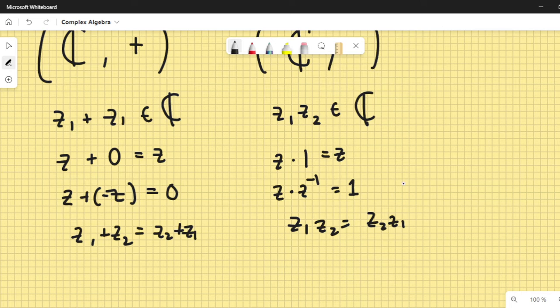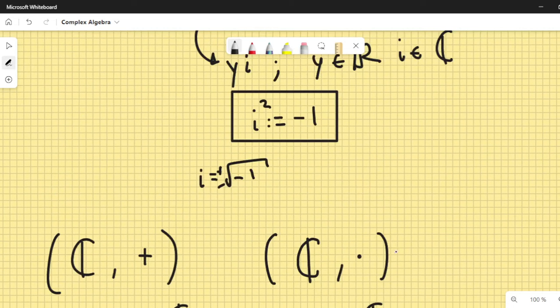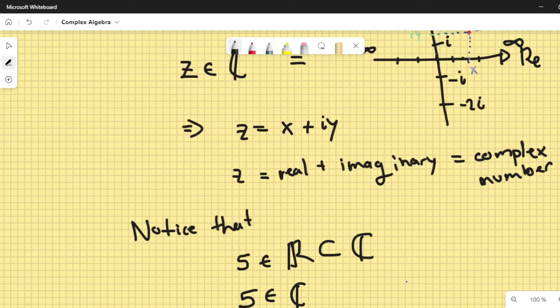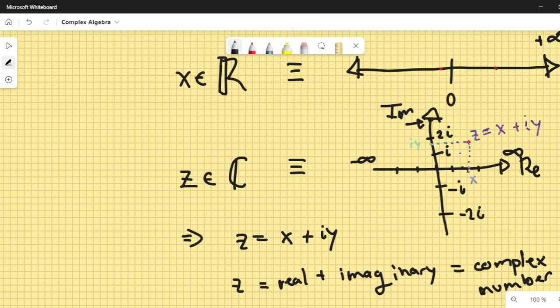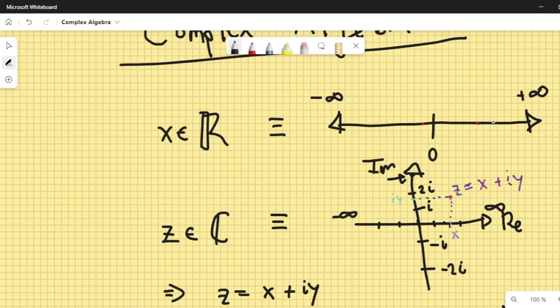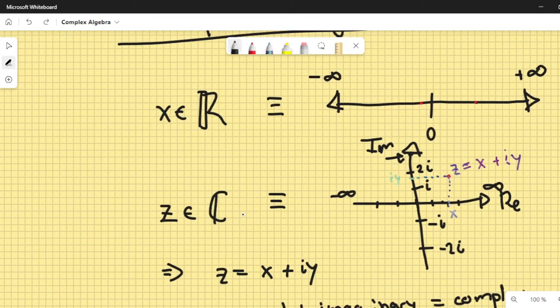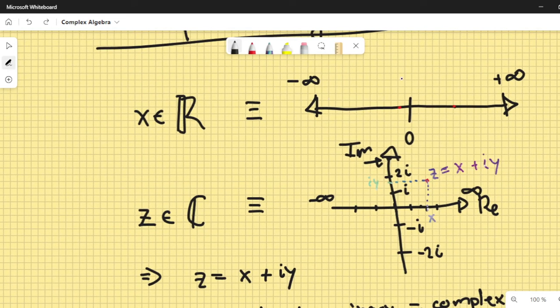The only thing that you lose when going from the real to the complex numbers, of course, is the dimension. Here the dimension is 1, and you're jumping to a dimension 2 space, but it's also the order. Notice that in the real numbers I have order: I have 0, then 1, then 2, then 3, so I have order, okay?